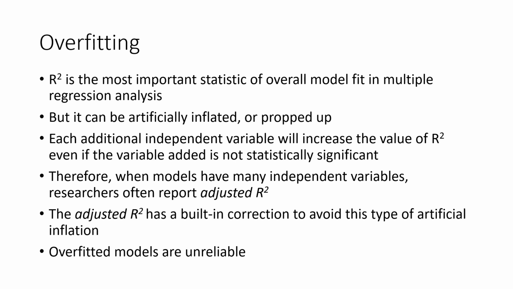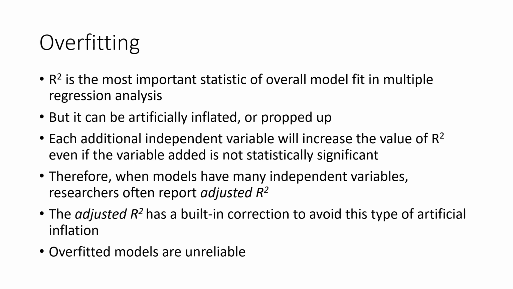But one of the problems with R squared is that if you want to, you can artificially inflate it, or you can artificially prop it up simply by adding extra independent variables into your equation. So you can add additional independent variables, and by doing so, by definition, statistically, your R squared value will increase, it will go up.